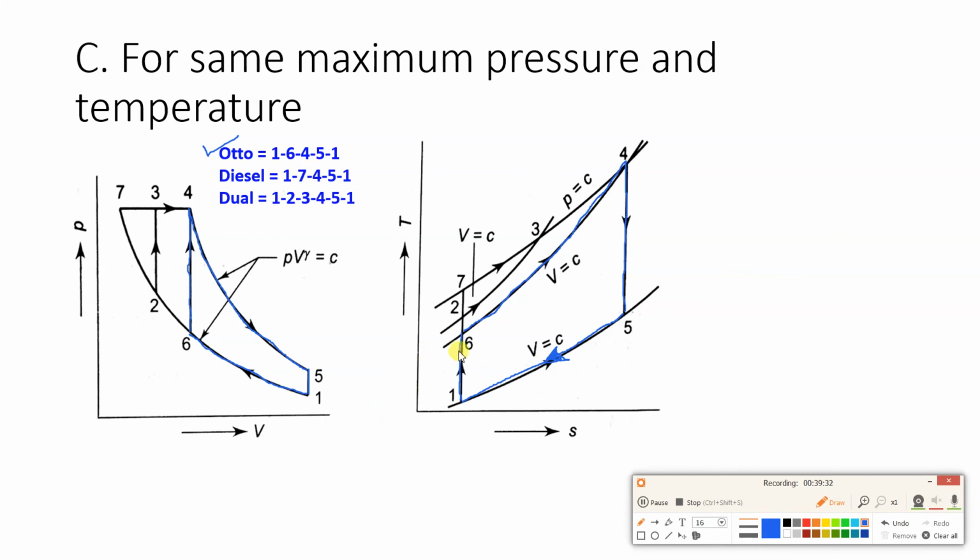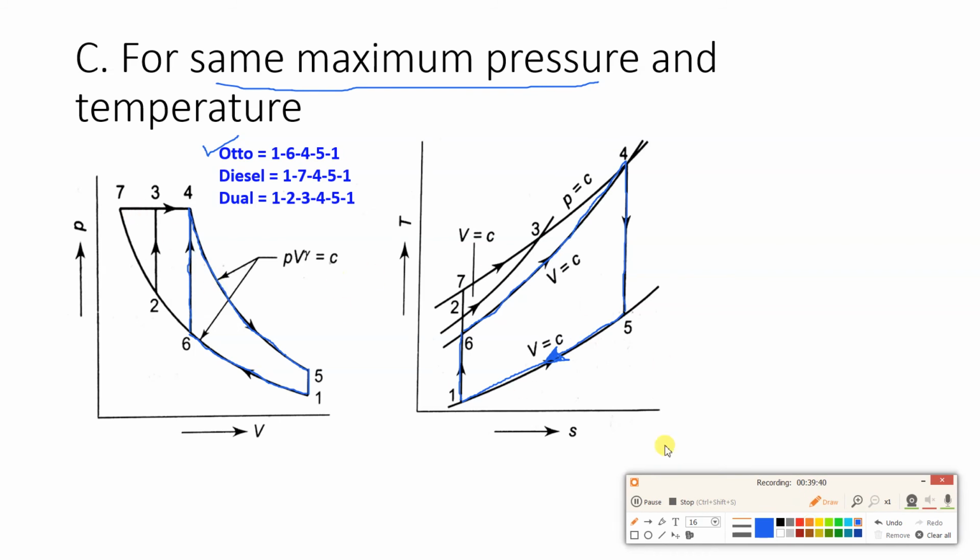Now what we have to basically maintain is the same maximum pressure. So here you can see on the PV diagram, the maximum pressure in case of all the 3 cycles is the same. And we have to maintain the same maximum temperature. So you can see point number 4, this is for all the 3 cycles, and the maximum temperature also we are maintaining the same.